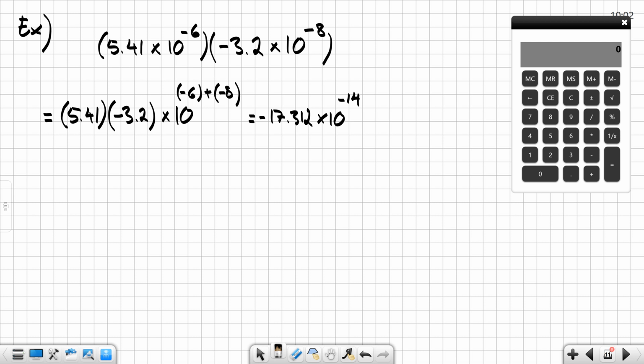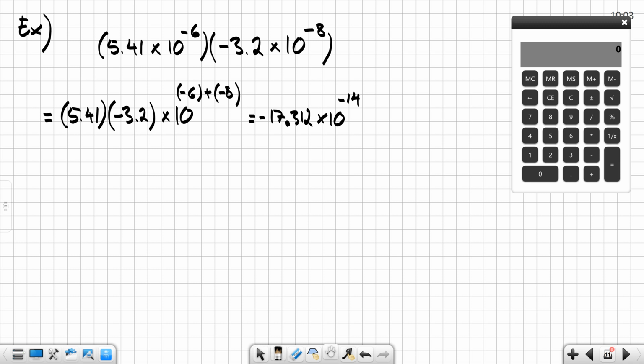This number now we have to fiddle around a little bit with, because what happened here when I multiplied my first two numbers, the decimal is not in the right spot. The decimal should be right here between the negative 1 and the 7 in order for this number to be still in scientific notation. So I'm going to have to fix this.